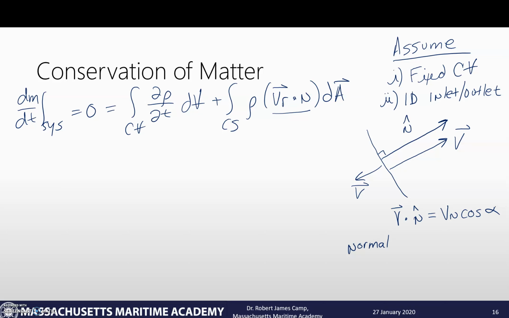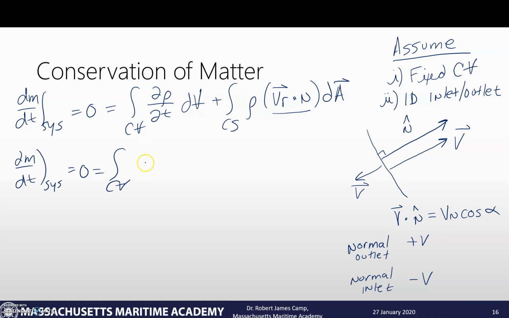So what that allows us to do, we make that one-dimensional inlet and outlet assumption. I mean, we still have the change of mass over the system still going to equal 0. We still have this partial of density with respect to time, dV. That's everything inside the control volume.